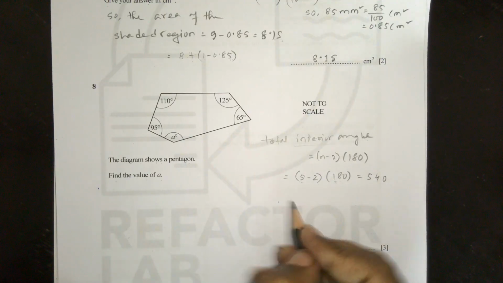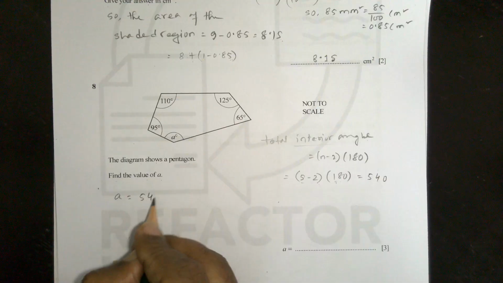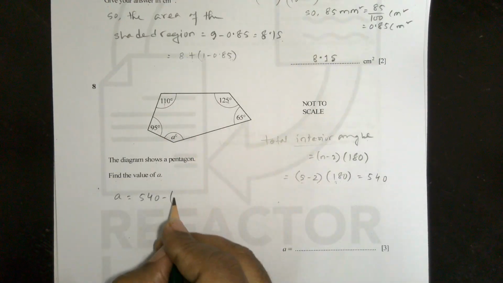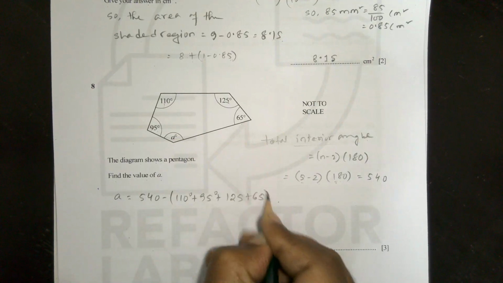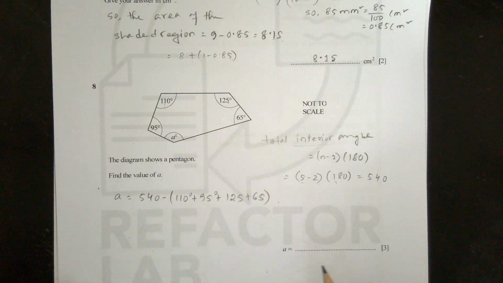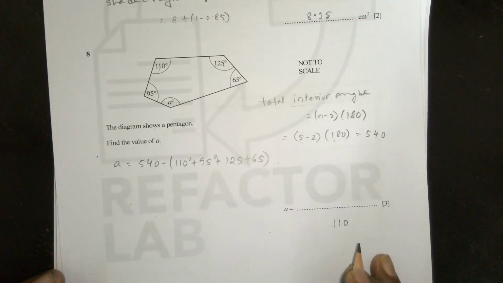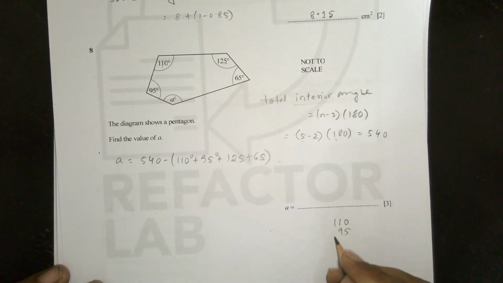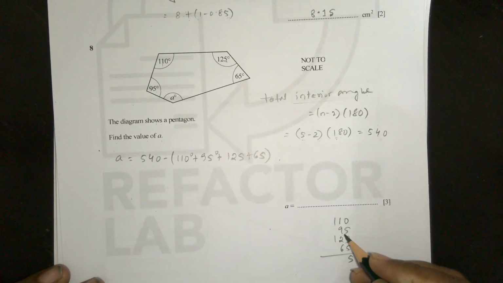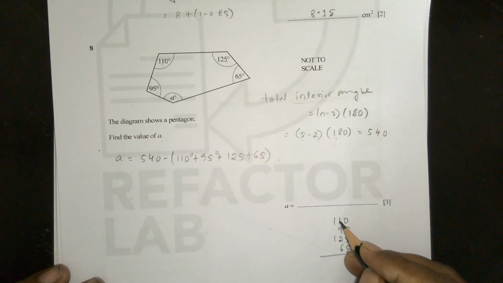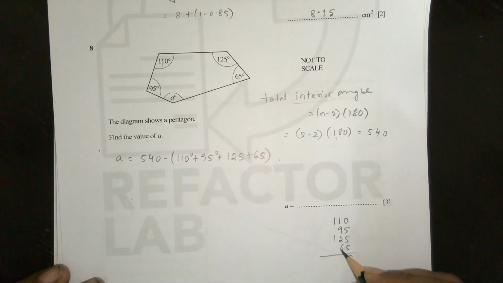So A will be 540 minus all the angles added together: 110 plus 95 plus 125 plus 65. Let's add them. 5, 5, 5, 15, 5 carries 1. 9 plus 9 is 18, plus 1 is 19, 9 carries 1. 1 plus 1 is 2, plus the carry 1 is 3.